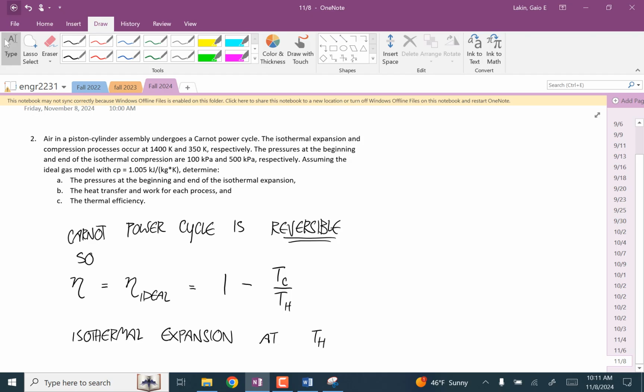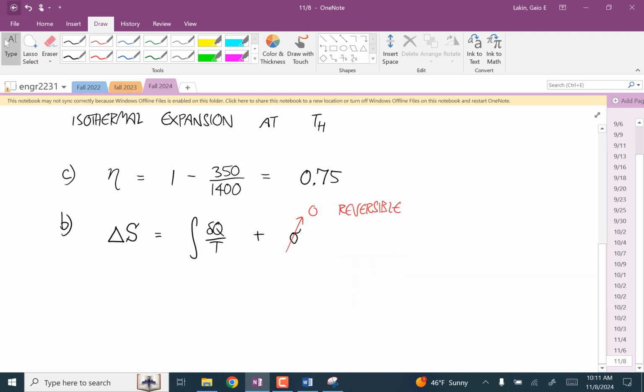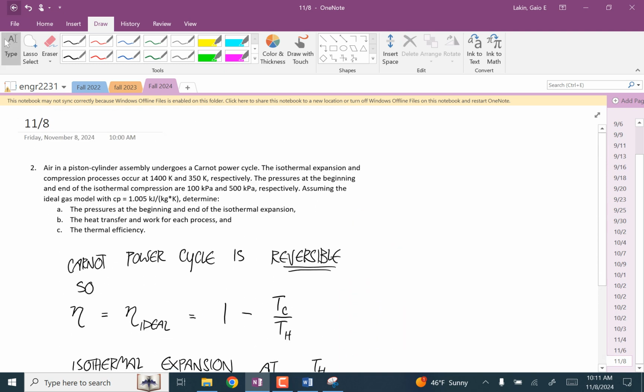We're assuming this is an ideal gas. It said that somewhere, right? Didn't it? Yeah, assuming ideal gas model. Okay, so let's figure this out.